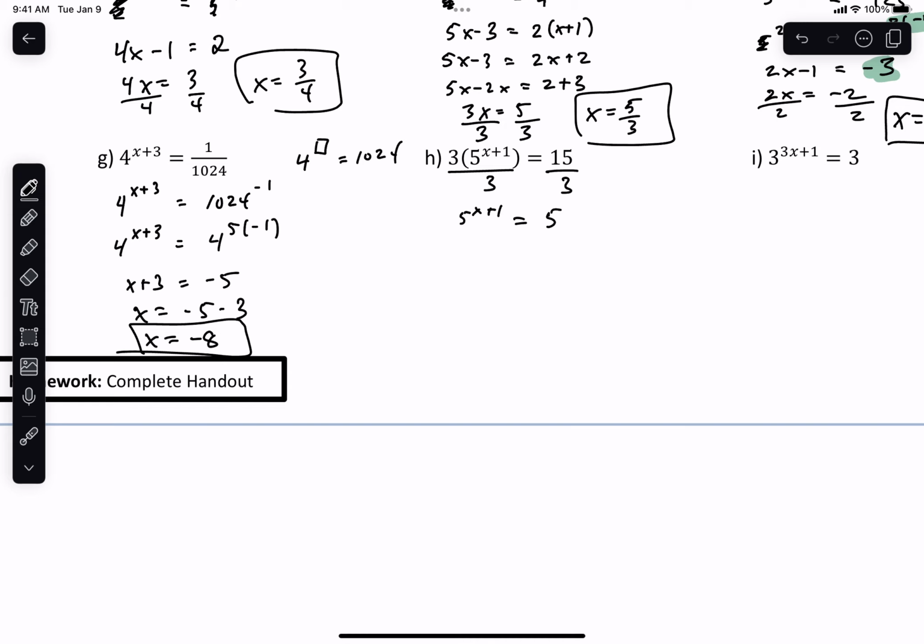So that means what's the exponent on 5? 1. Is it 0? X plus 1 equals 1, so x is 0.